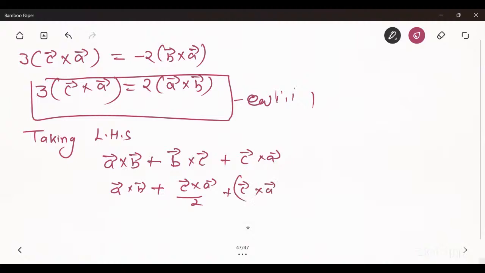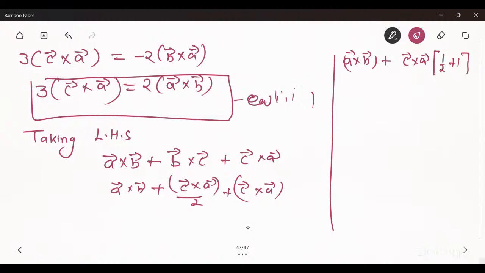If I take C cross A common here, I will get A cross B plus C cross A, and the common part is 1 upon 2 plus 1, that means 3 by 2. So C cross A into 3 by 2.